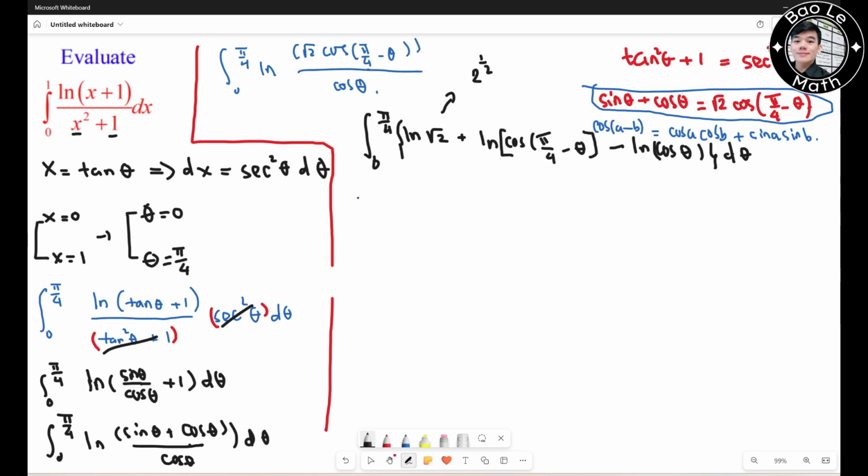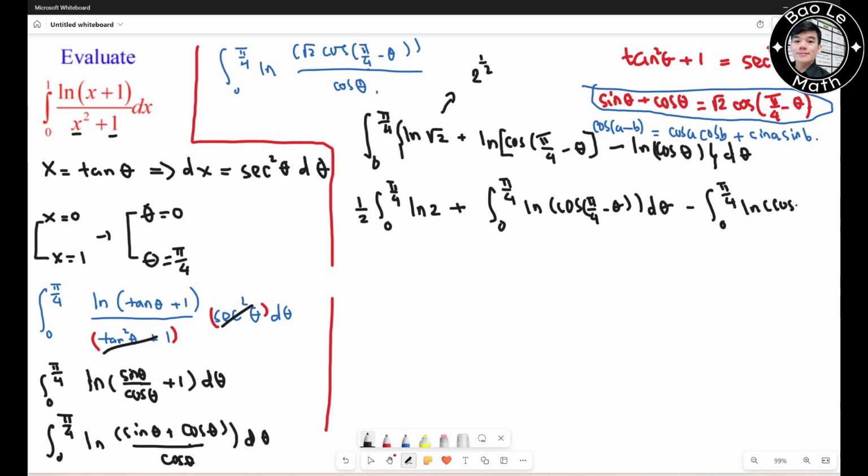So I bring 1/2 to the front, so it's 1/2 times the integral from 0 to pi over 4 of natural log of 2, plus the integral from 0 to pi over 4 of natural log of cosine (pi over 4 minus theta) d theta, minus the integral from 0 to pi over 4 of natural log of cosine theta d theta. Now these two are actually the same, so they cancel out. Now we need to prove that they are the same.